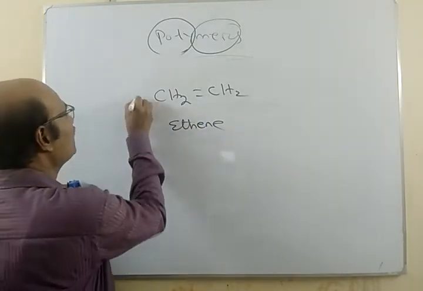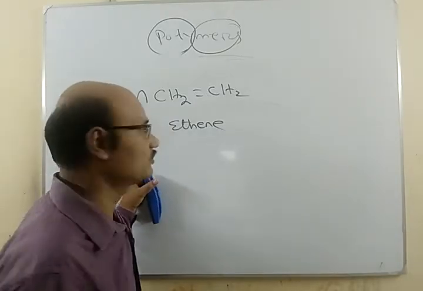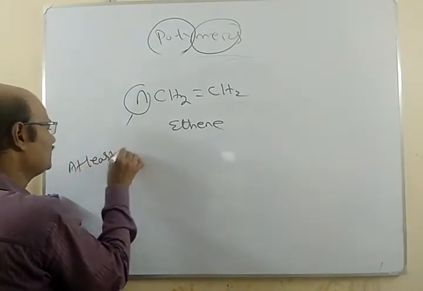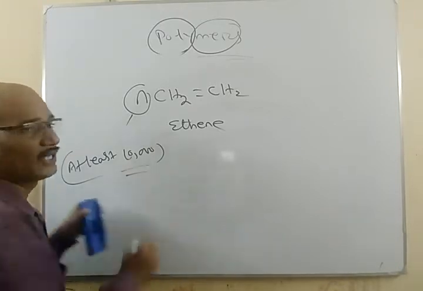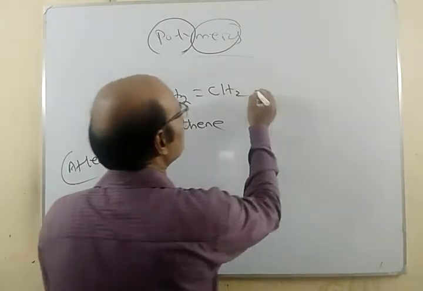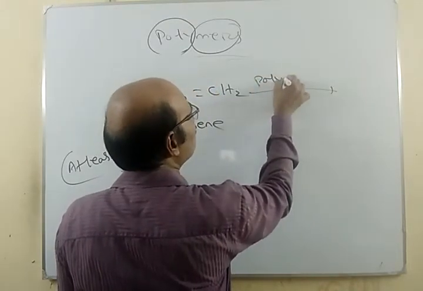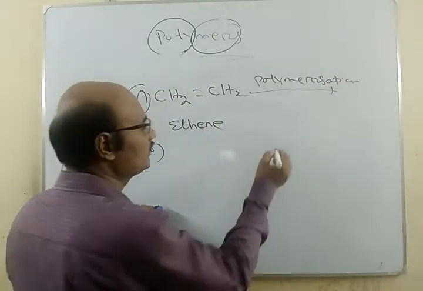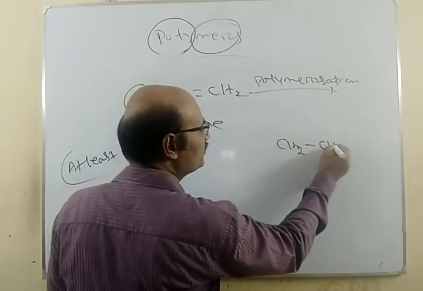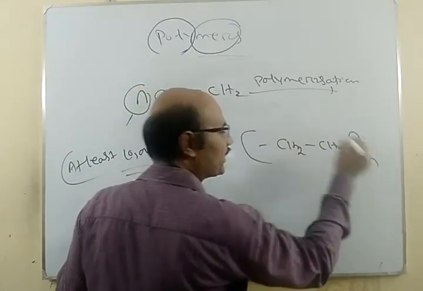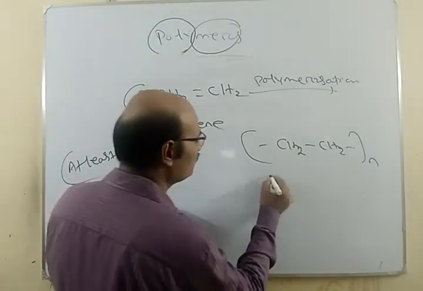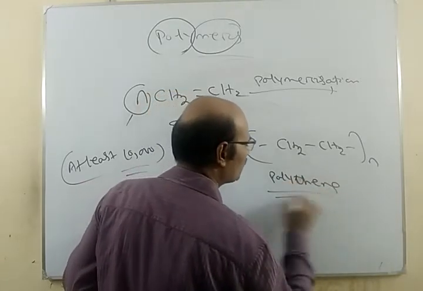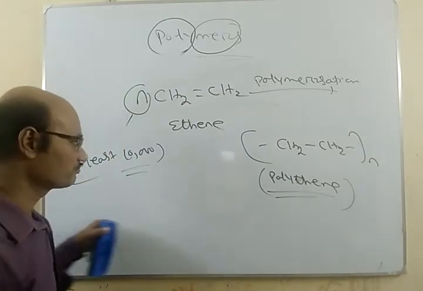If I take n number of ethene molecules, and remember this n is at least 10,000, and if I go for polymerization, I will get [CH2-CH2]n. This is called polythene.